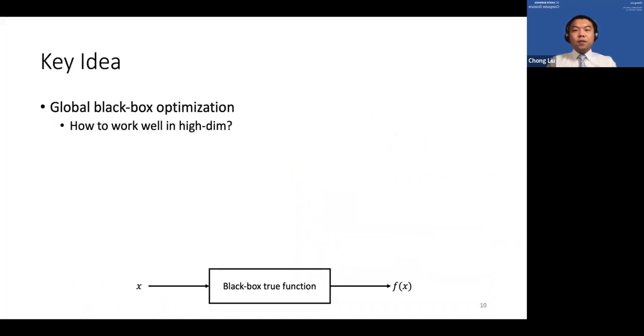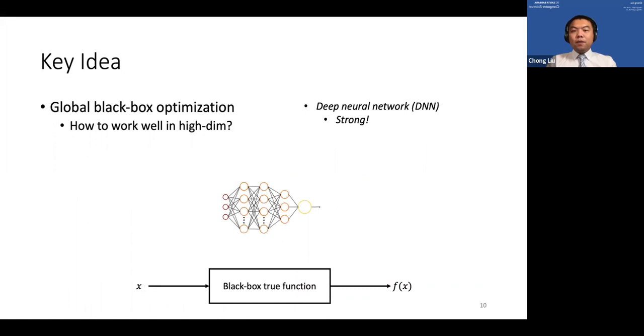The key idea of this project is that we are still interested in global black box optimization. And the key question here is how can we work well in high dimensions? We know something about the deep neural network, right? We know it is strong.